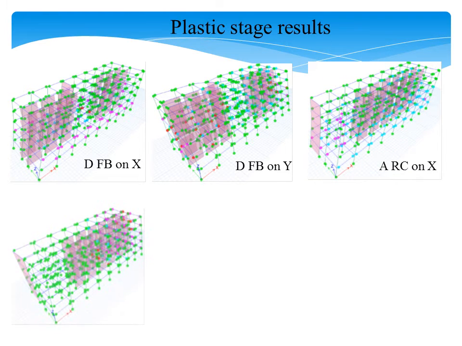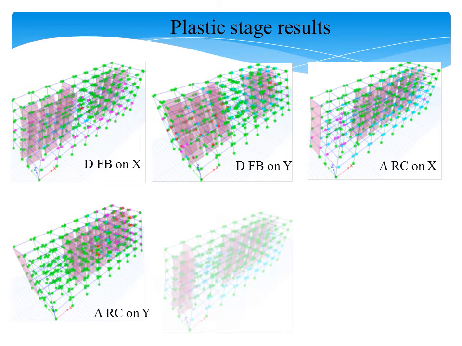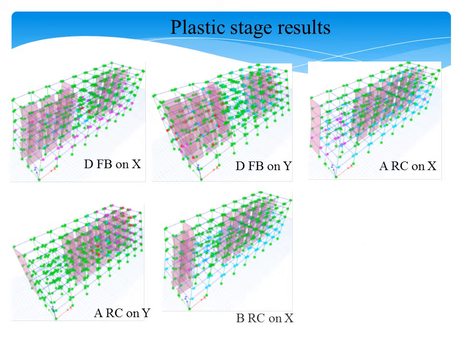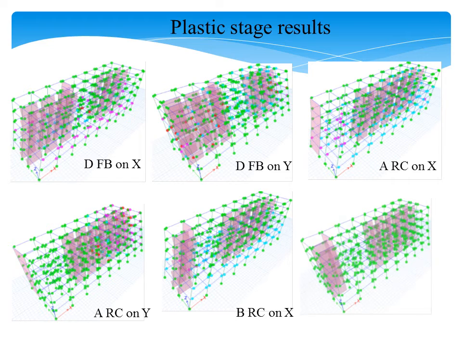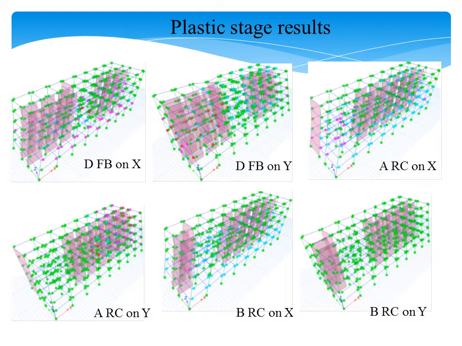So instead of 4 cases, we can say we have 8 actually. But of course we study the plastic stage development for both directions, X and Y.